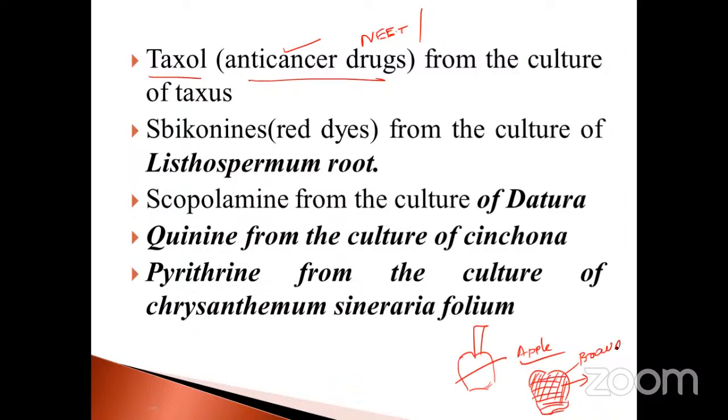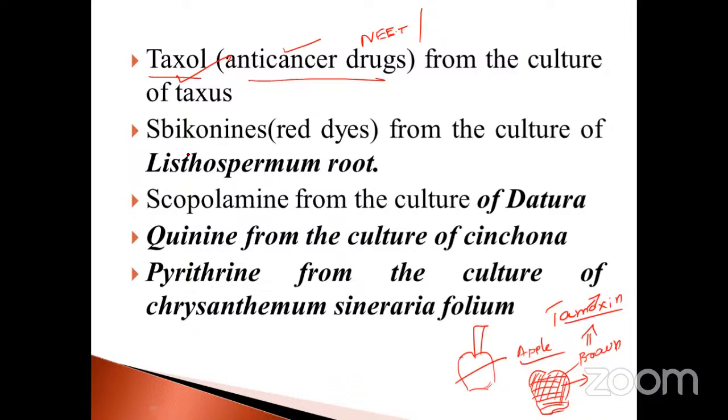After a few minutes, the layer formation takes place, brown in color. That condition is related to tamoxifen, one of the anti-cancer drugs. Okay, likewise, Taxol. That's why the doctor said, take an apple daily. Then doctors are not needed, isn't it, my dear?